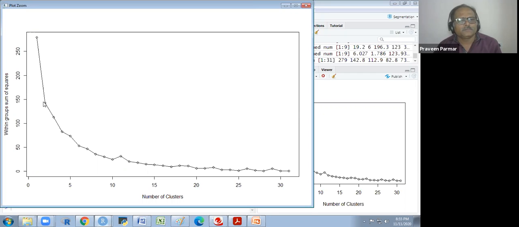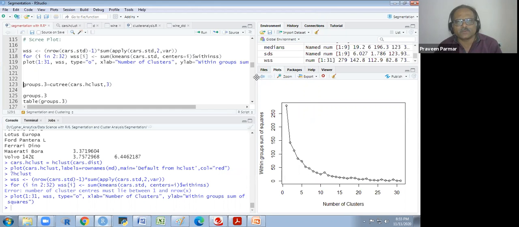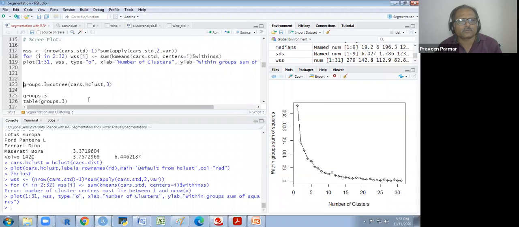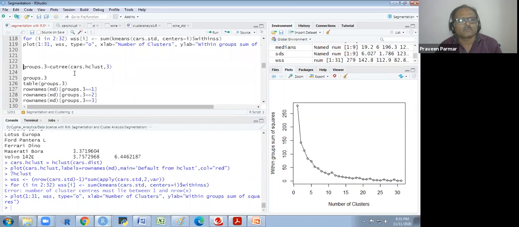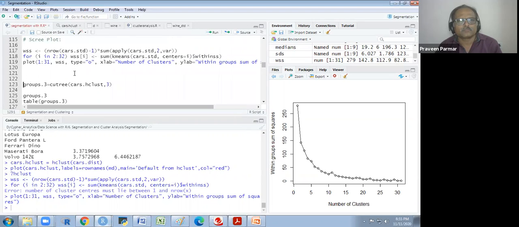But 1, 2, 3, 4, then 5 and 6, and then it decreased. Up to 6 factors we could take here. If we see, 6 factors we could choose here. So why is it coming that way?